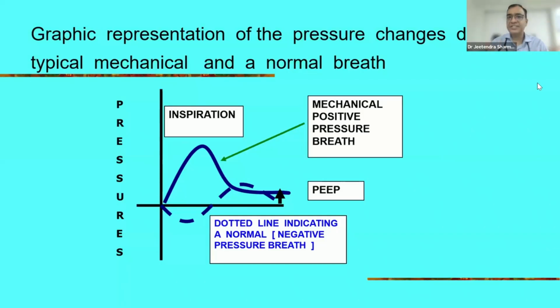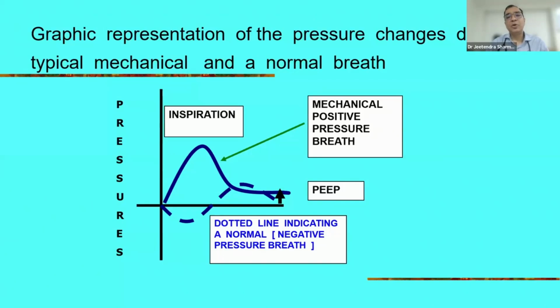There are different phases we'll discuss subsequently, and the major change is from negative pressure inspiration to positive pressure inspiration. In mechanical ventilation, the airway pressure becomes more positive and comes back to less positive, not negative.